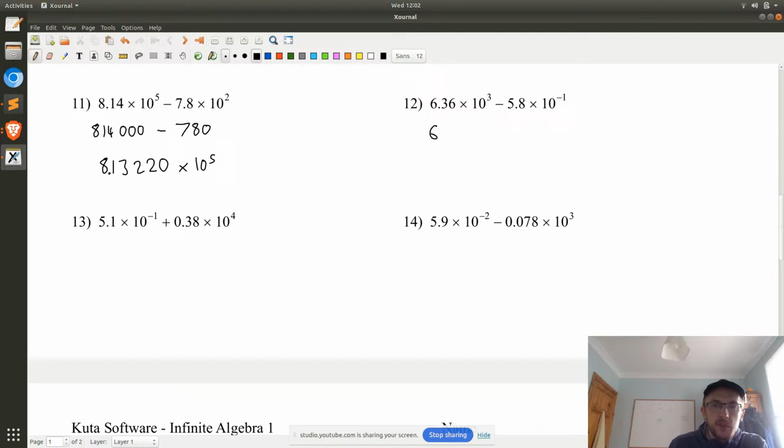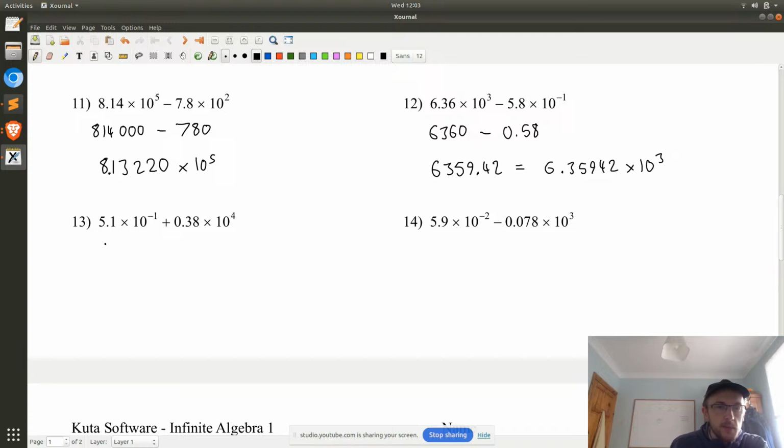And 6,360 minus 0.58. So 6,359.42, which is 6.35942 times 10 to the 3.